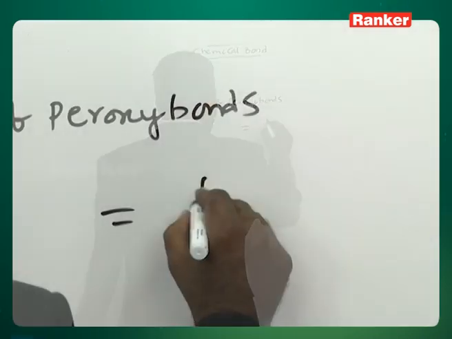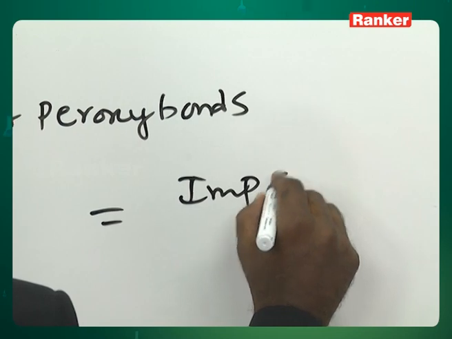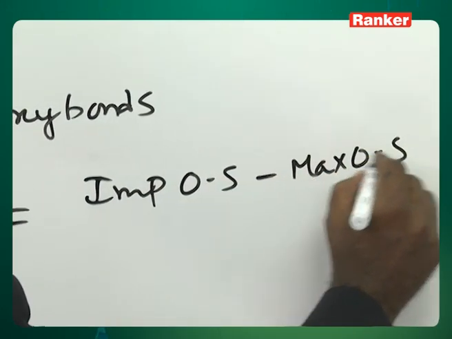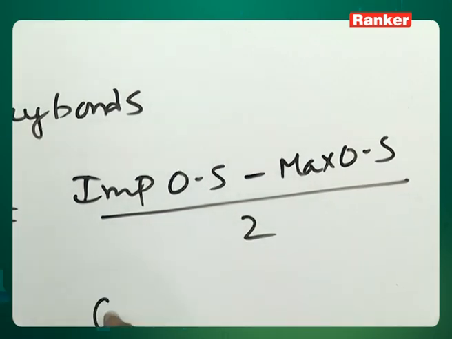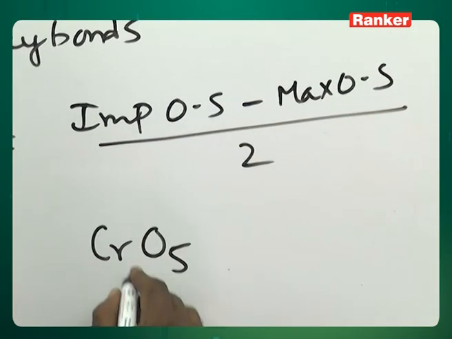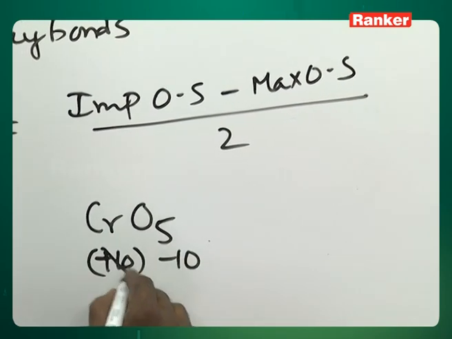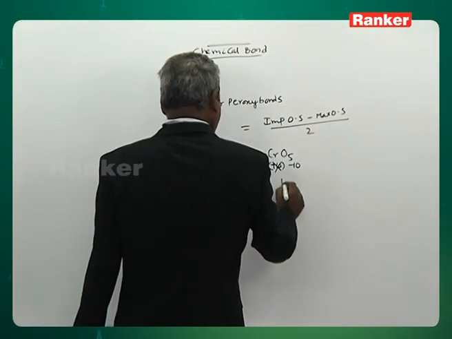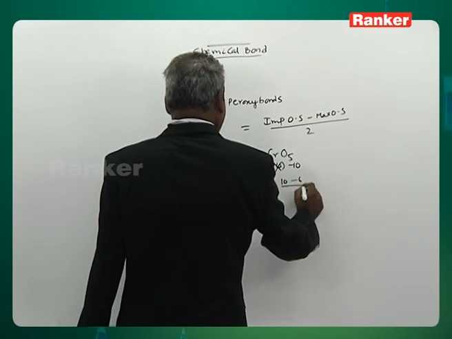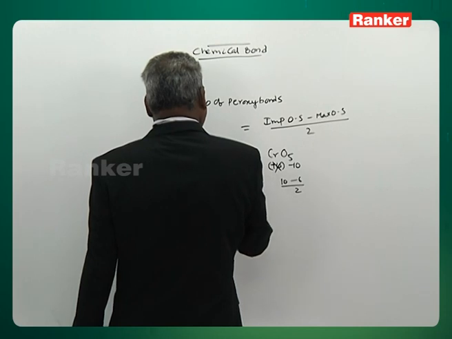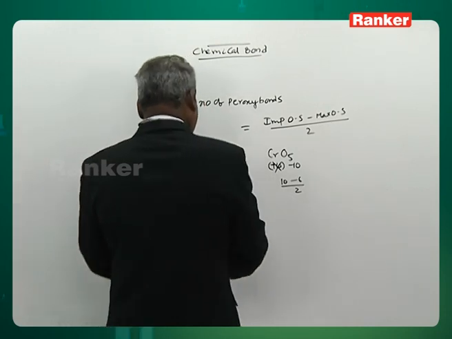So, the impossible oxidation state, whatever impossible you have got, minus the maximum oxidation state, divided by 2. That is CrO5: plus 10 is impossible, the maximum is 6, so (10 minus 6) by 2. There are 2 peroxy bonds, that way you have got 2 oxygen-oxygen single bonds.